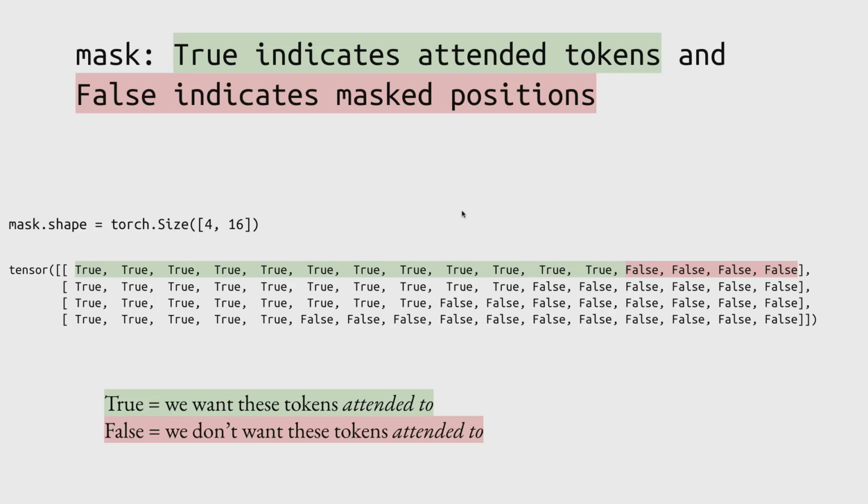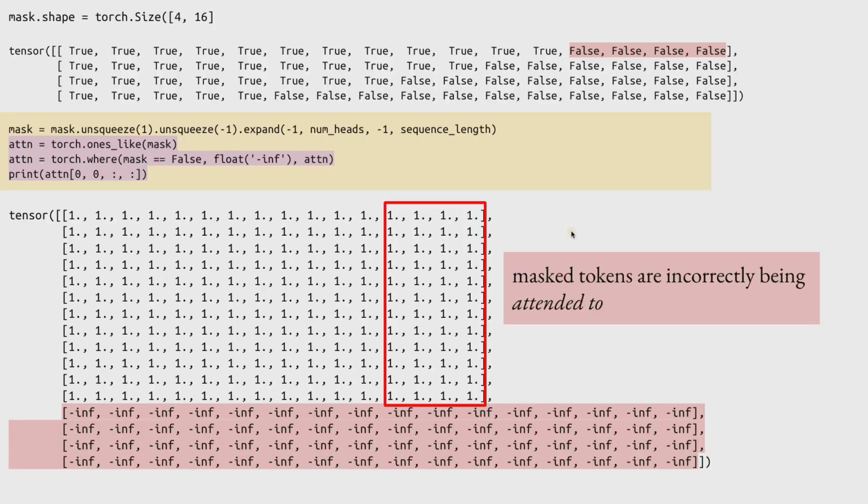So let's go back to what our mask meant. Anytime we have a true in our mask indicates we want those tokens to be attended to. Anytime we have a false means that we have masked positions. We don't want these tokens to be attended to. So let's look at my first iteration of my mask. I unsqueezed and expanded it, so it was 4 by 8 by 16 by 16.